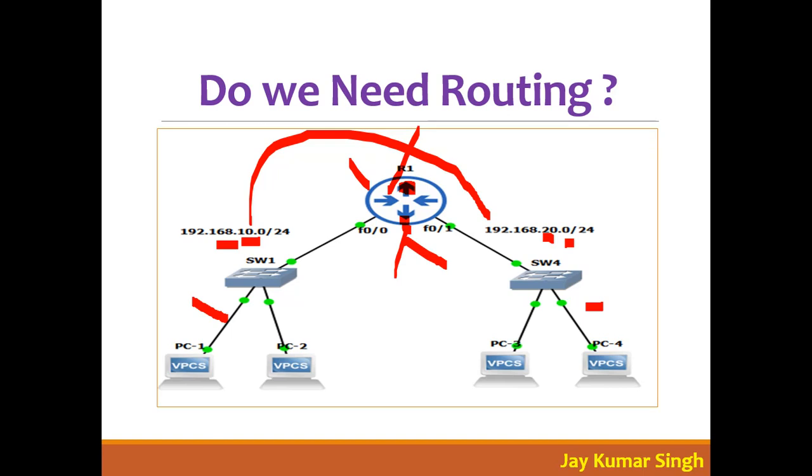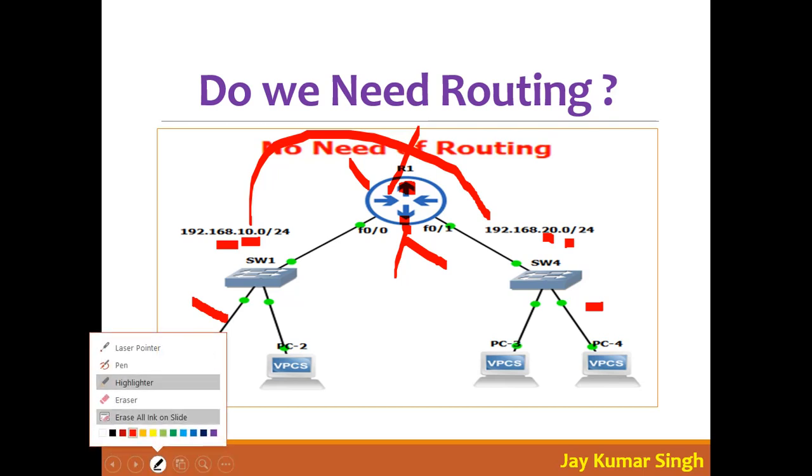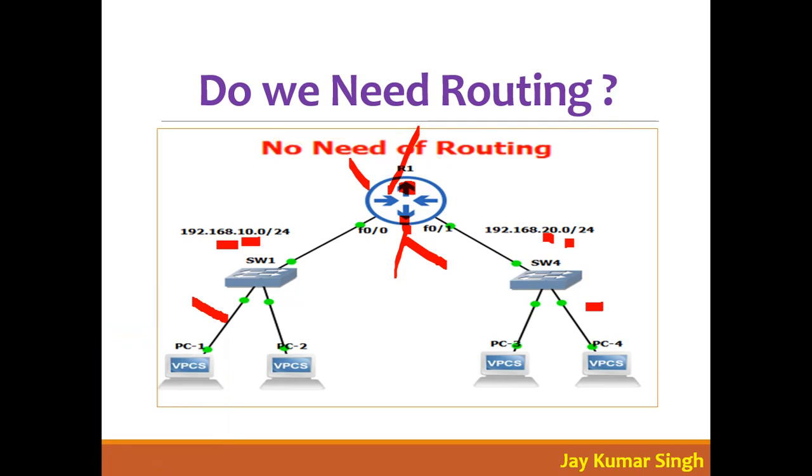Why? Because they are connected to a router. So the router will create communication between two different networks when they are directly connected, without routing. So here we do not need any kind of routing.